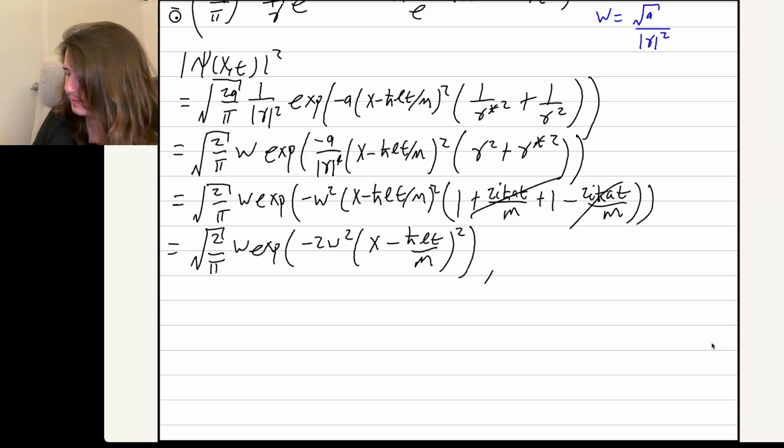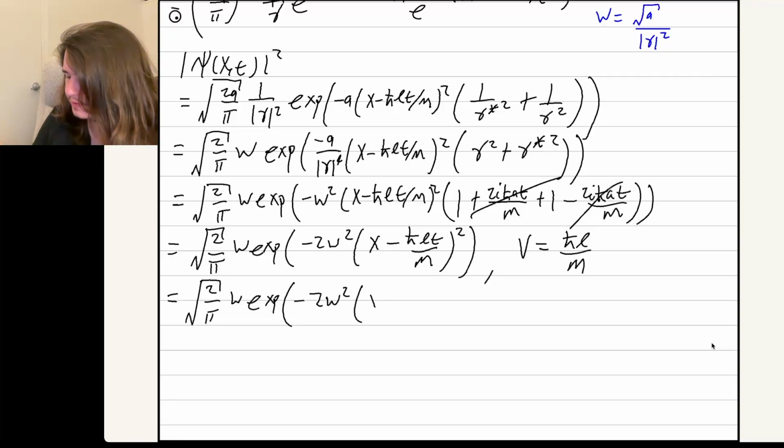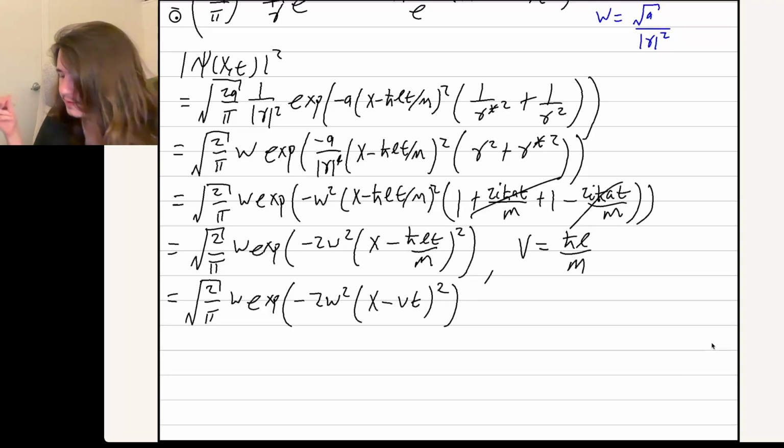So at this point we can say now that the velocity of the wave packet is h bar L over m, and rewrite this now in terms of v, which doesn't save us too much hassle, but it's there.